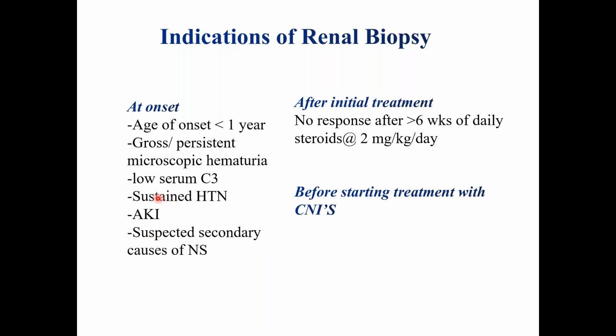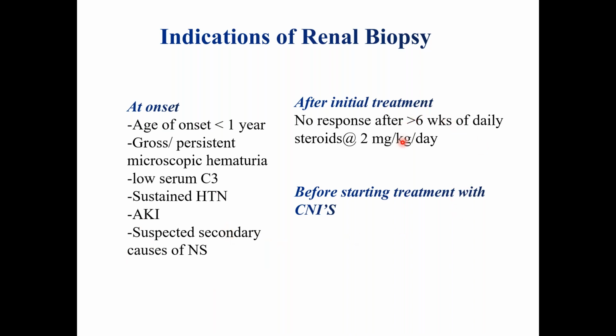And if there is a rapidly progressive renal failure kind of a condition where the child is having a severe AKI, even in this situation, the child will require a biopsy to rule out a crescentic glomerulonephritis. And when you are suspecting secondary causes of nephrotic syndrome, that is the patient is Hep B positive, Hep C positive, or ANA positive, or HIV positive, in these situations you would like to do a biopsy to see whether it is a viral mediated nephrotic syndrome.